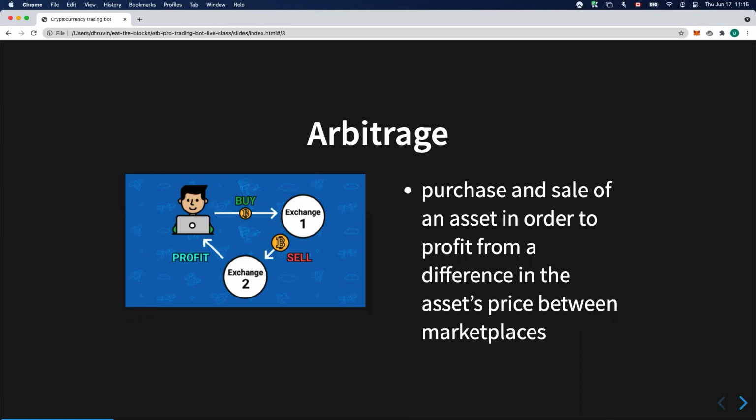This arbitrage is done quickly if you know how to code and if you have access to the proper tech stacks. Using that, you will be able to quickly grab the opportunity, create the order and execute the order, and that's how you can make a profit.